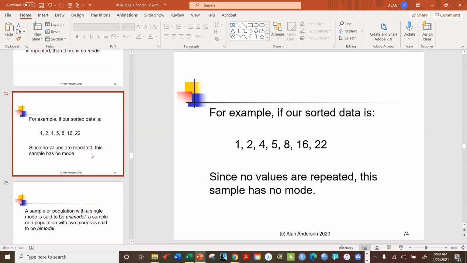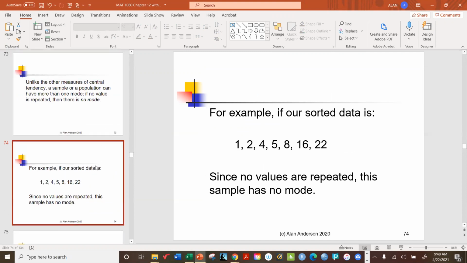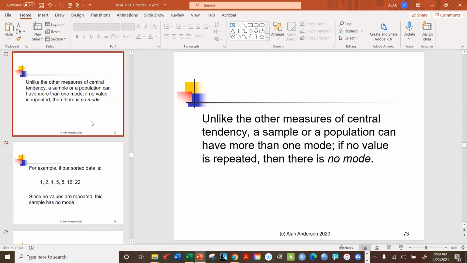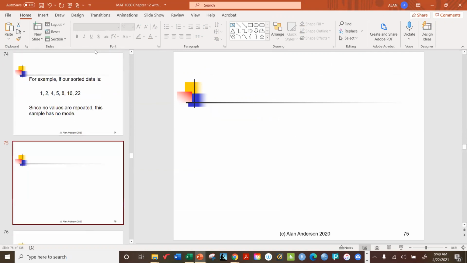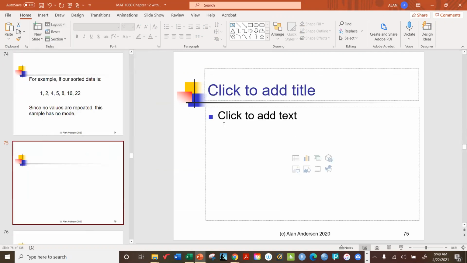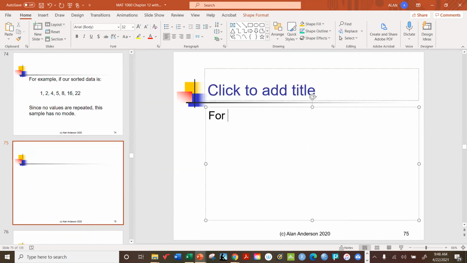And not only that, but it gets even stranger. We can have more than one mode. Okay, so let me show you another example where this could happen. All right, how about this one?